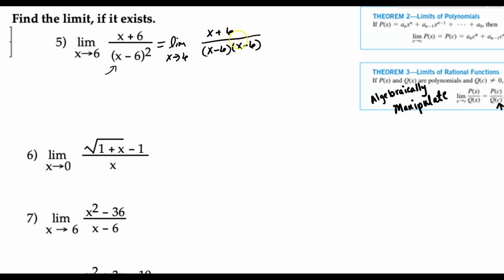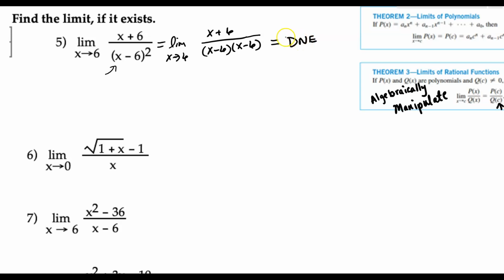But in this case, as far as x plus 6 is concerned, I can't cross anything out. So unfortunately, this is one of those cases where we can easily say the limit does not exist.